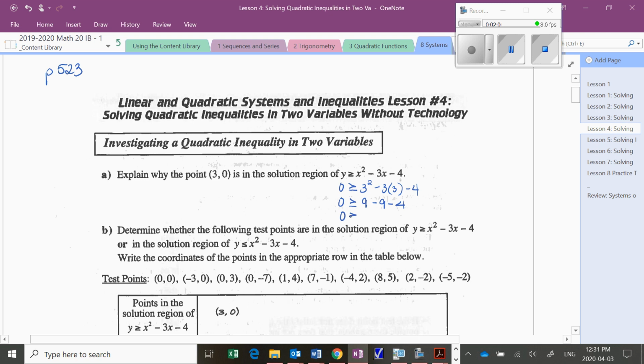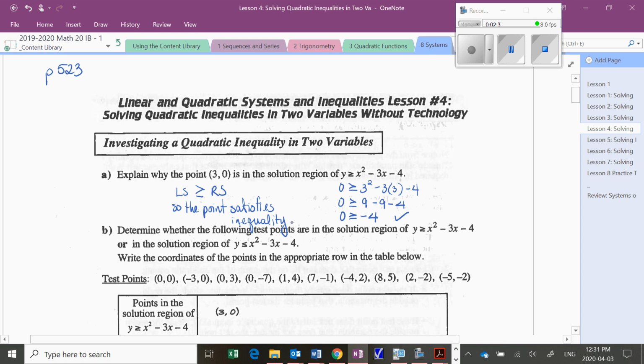So 0 is greater than or equal to negative 4, and of course it is greater, so it satisfies. The left side is in fact greater than or equal to the right side, so the point satisfies the inequality, which means that it is part of the solution region.